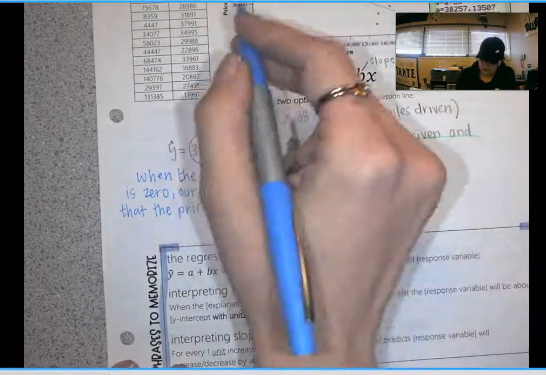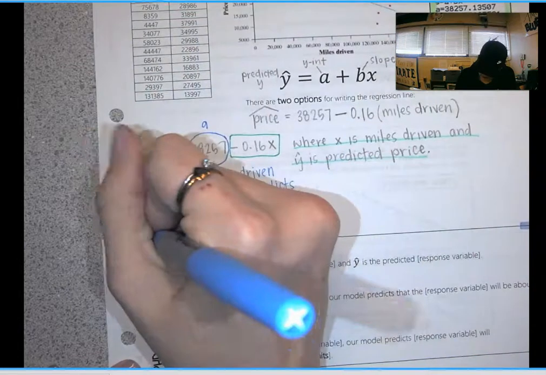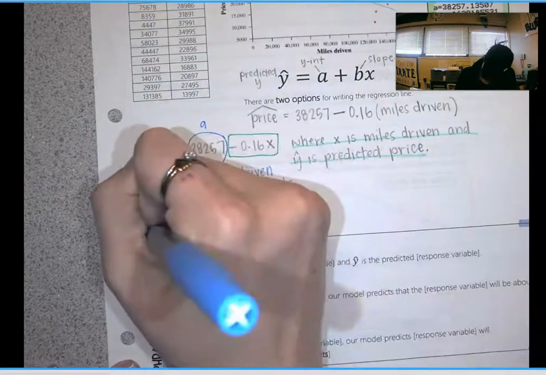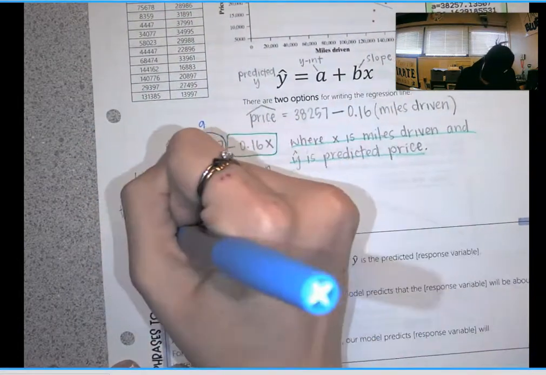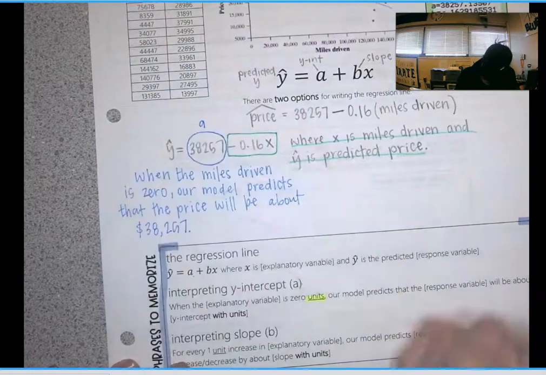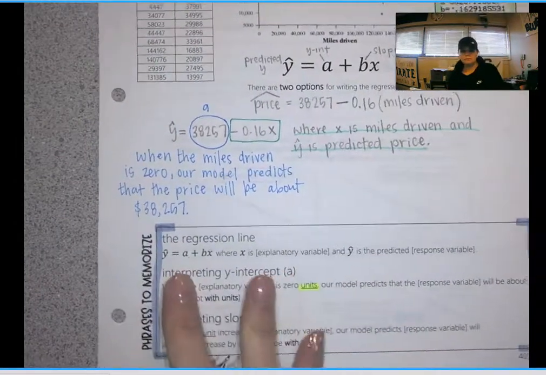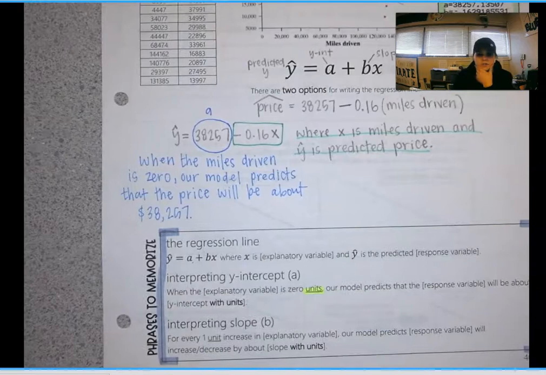So the price will be about $38,257. So when the miles driven is 0, our model predicts that the price will be about $38,257.